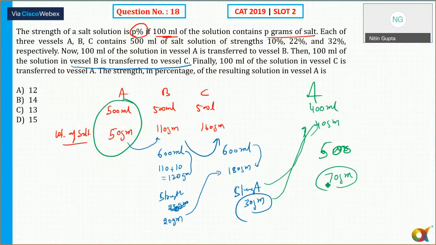So per 100 ml is what I need to find out. The question is the strength in percentage of the resultant solution. Okay, so 700, that will be equal to 14%. So the answer will be option B, which is 14%.